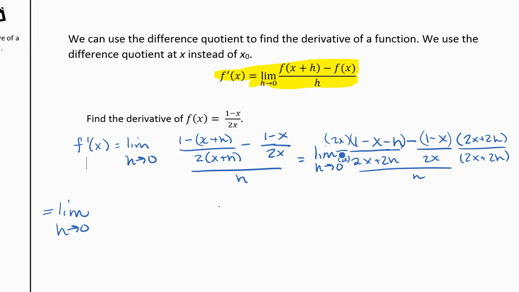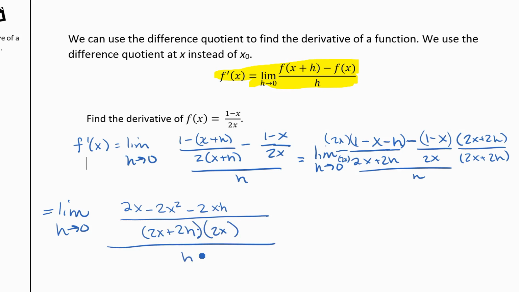So for this first one, we have 2x times 1 minus x minus h. So if I distribute that 2x, we're going to have 2x minus 2x squared minus 2xh. And this is all going to be over 2x plus 2h times 2x.